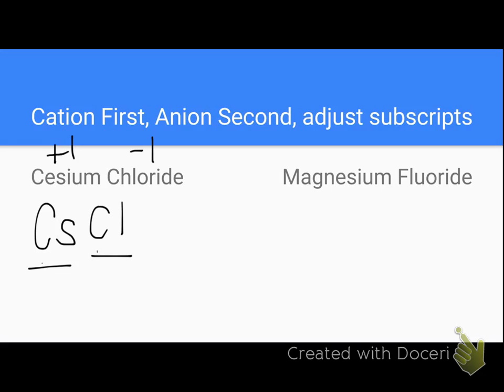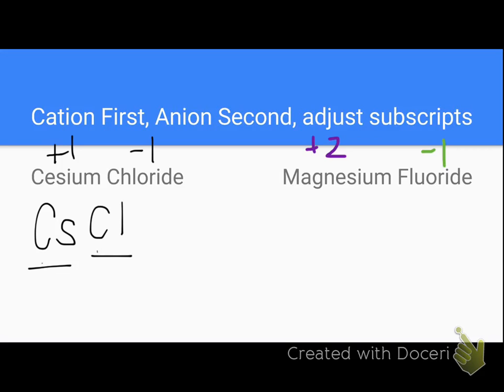All right, so let's do one that's a little bit more difficult here. Magnesium fluoride. So knowing your ions, magnesium is going to be a +2 charge. Fluorine is a -1. Now I have a positive and I have a negative, but they do not cancel, so I need for these to cancel.